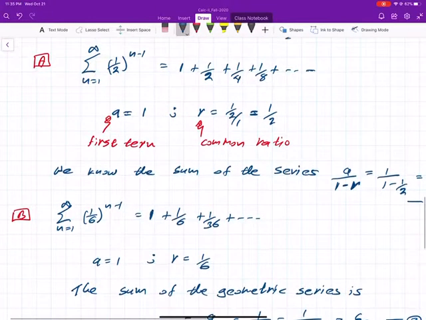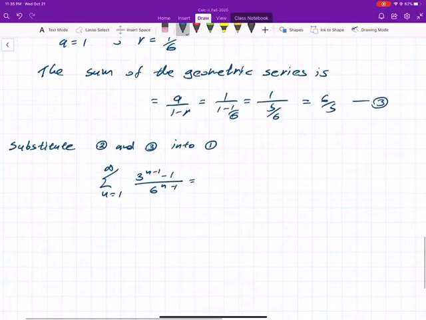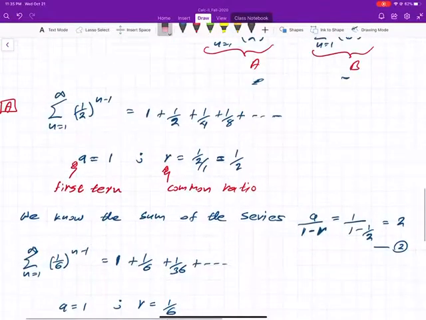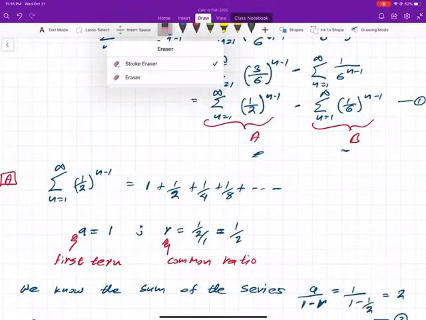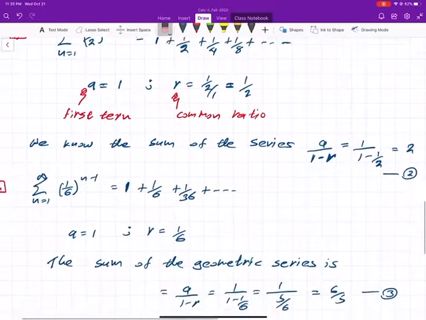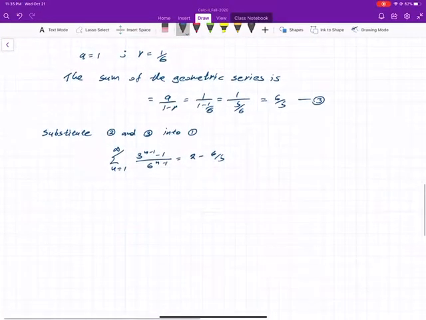Our a is 2, and b is 6 over 5. So the solution here is 2 minus 6 over 5, which is 4 over 5.